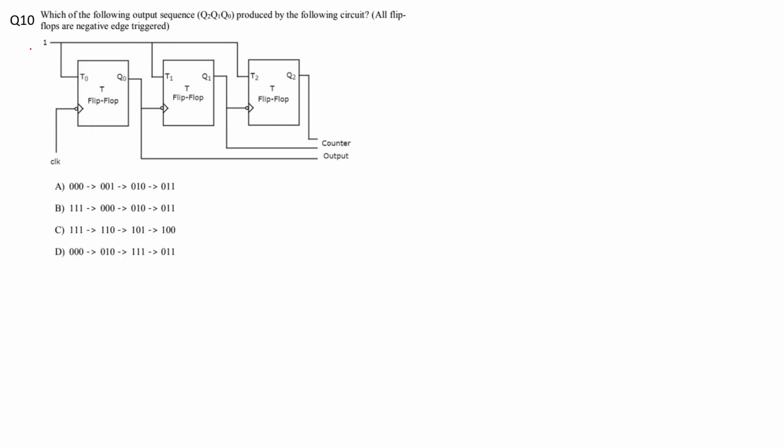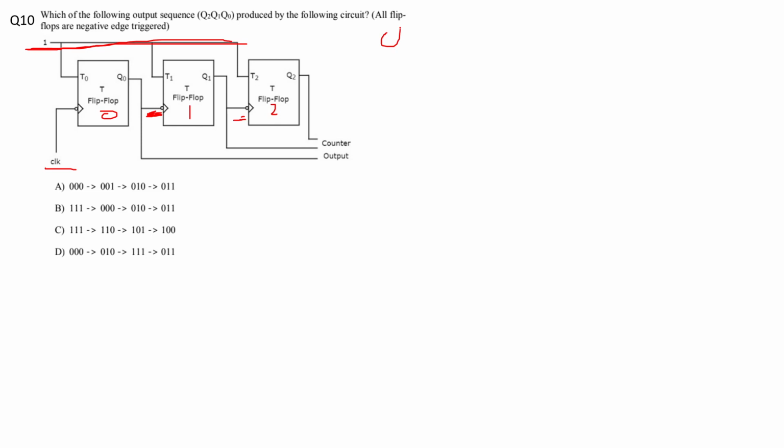This is a T flip-flop with inputs as 1, so that means toggling will happen at all the negative edges. This is a clock given to this input, and then Q0 is given to this, and Q1 is given to this. So here Q0 is the clock of Q1, and Q1 is the clock of this, right?